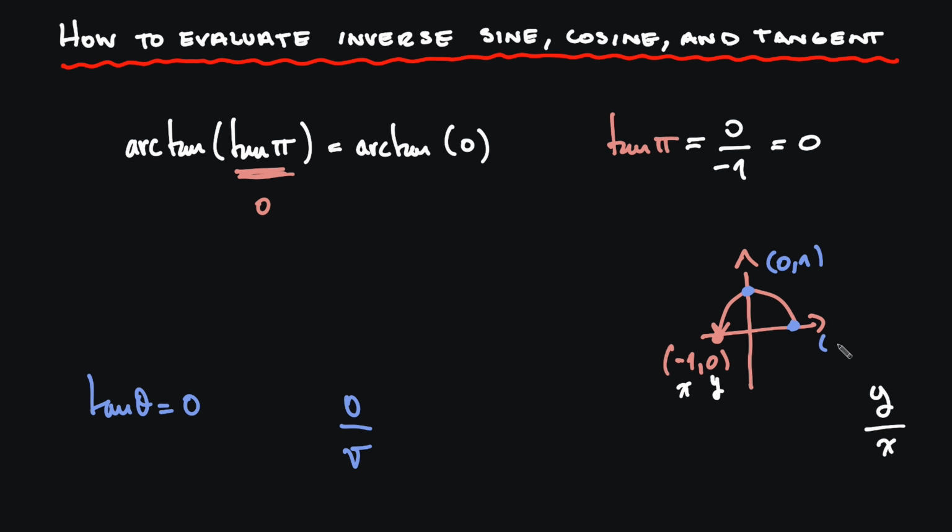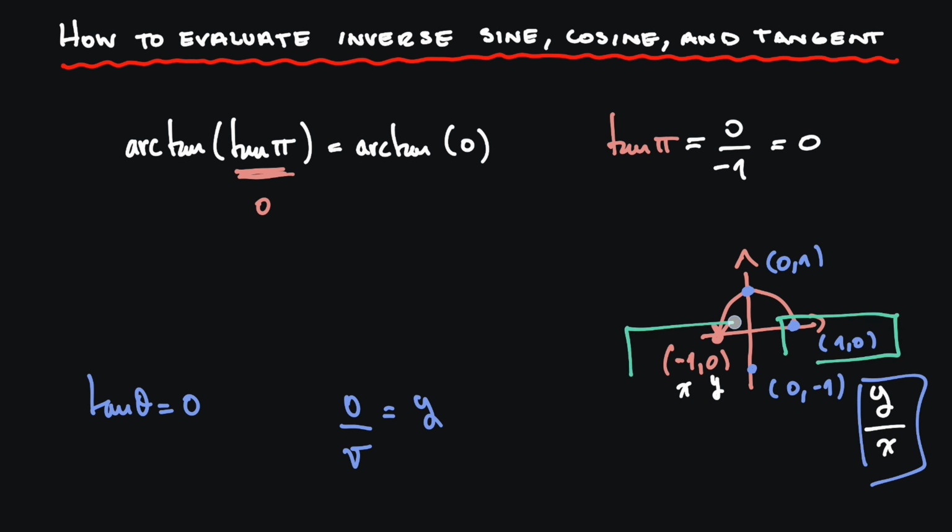This terminal point is going to be (1, 0). And this terminal point is going to be, my bad, (0, -1). So you need to have 0 as the y coordinate. And the terminal points that have 0 as the y coordinate are going to be this one and this one, because look, it's right there, 0, and right here, 0, right?